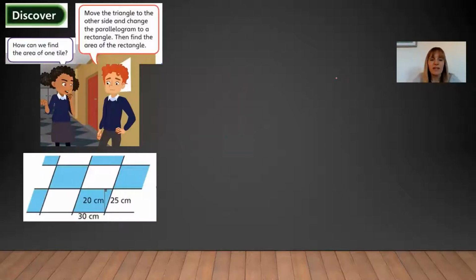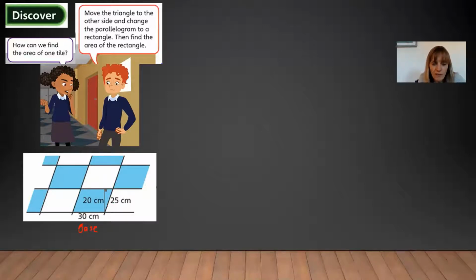Okay, so let's have a look at our discover. So we've got 2 children here, Jen and Richard. Jen is saying, how can we find the area of 1 tile? Now can you see down here, 1 tile is like, there's a blue one, then a white one and a blue one. And they are all parallelograms, like our wonky rectangles. Now we've got 30 centimetres here, which is our base.